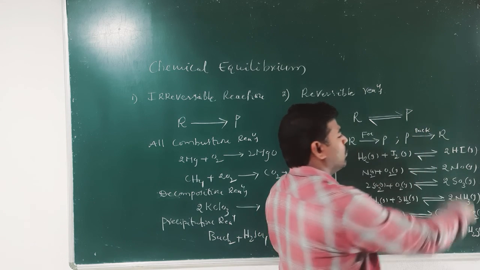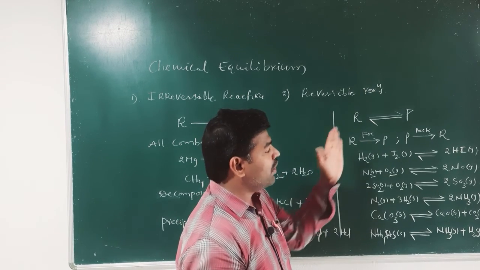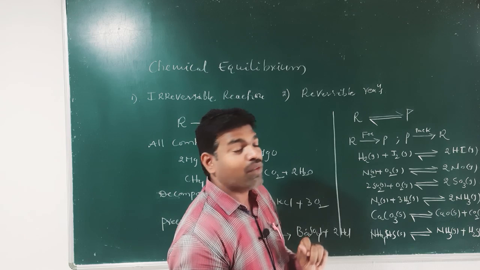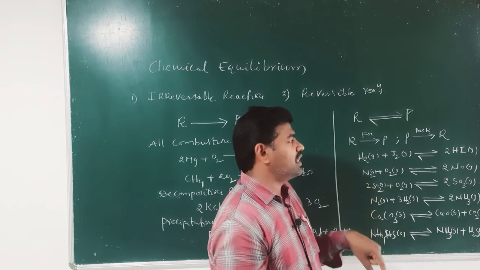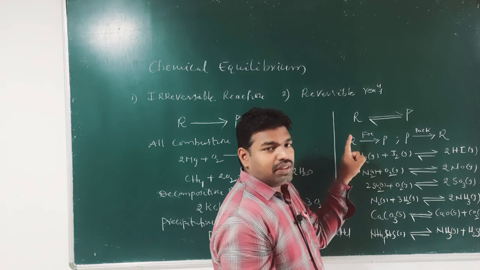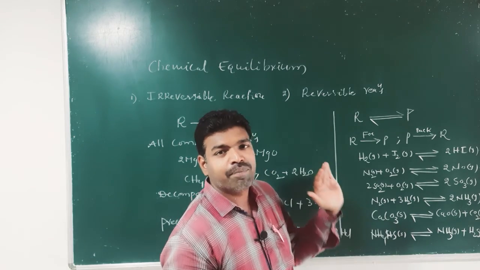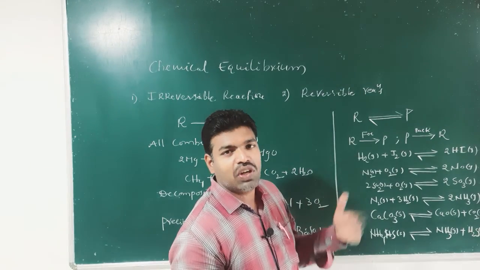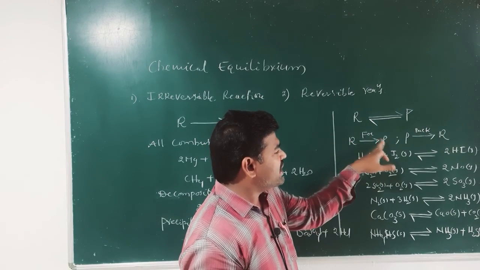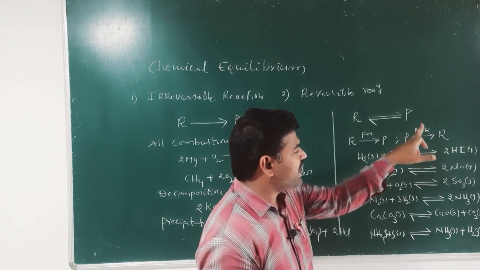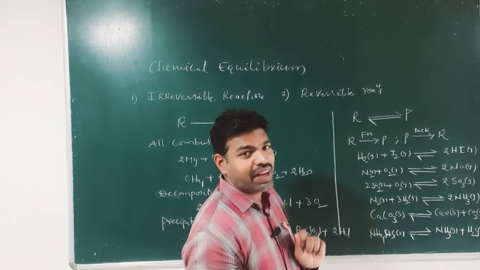Already I told you reversible reactions proceed in two directions, the forward direction and the backward direction. When the equilibrium is established, I shall discuss the rate and the remaining concepts in the next video. So, reactants to products is a forward reaction and products to reactants is a backward reaction, and these are the examples of reversible reactions.